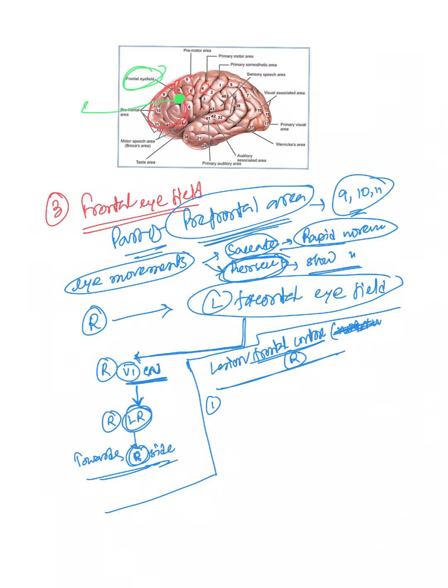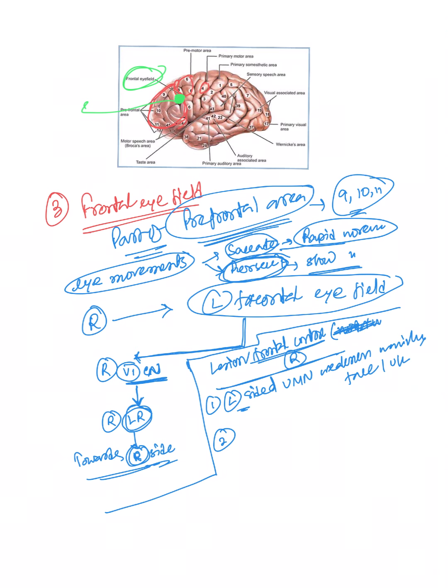Number 1, as the frontal cortex is involved, there will be left sided UMN type weakness, mainly involving the face and upper limb. And number 2, what will be the eye movement? The right frontal cortex is affected, so the right frontal eye field is affected.